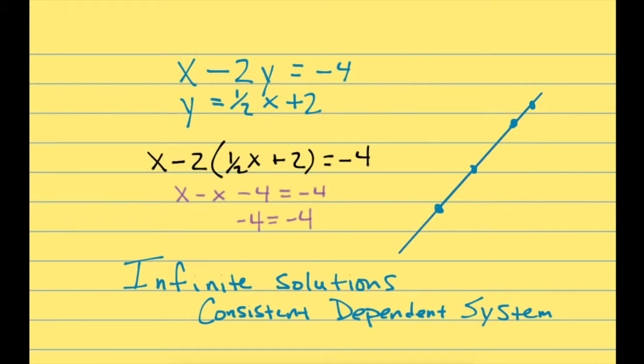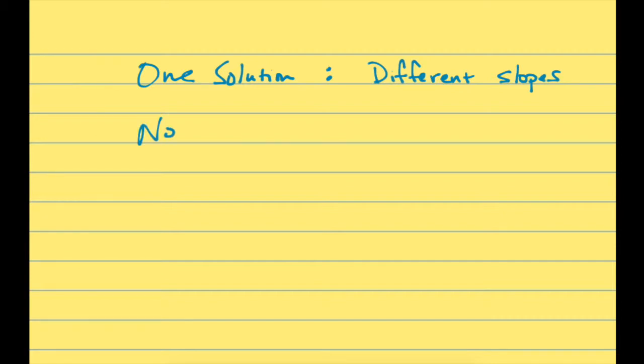Now, the way we can tell what type of lines we have if we're in slope-intercept form, we have one solution if they have different slopes. Because if they have different slopes, they can't be parallel, and they can't be the same line. So that must mean they intersect at one point. They have no solution if they have the same slopes.